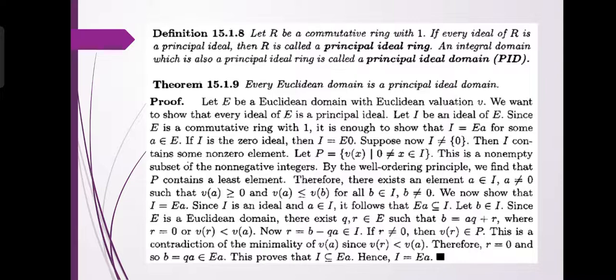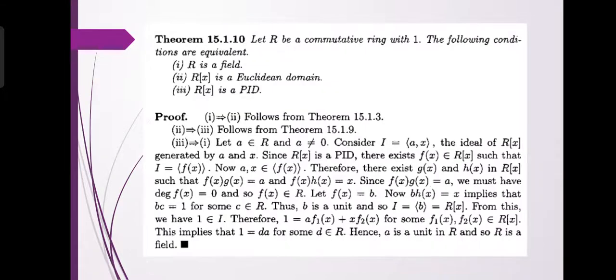Now R is equal to B minus QA, which belongs to I. If R is not equal to 0, then V(R) belongs to P. This is a contradiction of the minimality of V(A), since V(R) is less than V(A). Therefore R equals 0, and so B equals QA is an element of EA. This proves that I is a subset of EA, hence I is equal to EA. So that's the end of the proof.